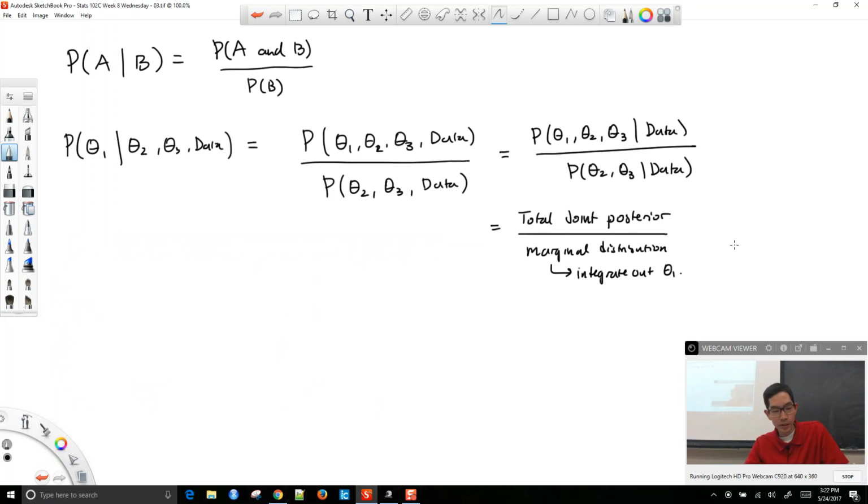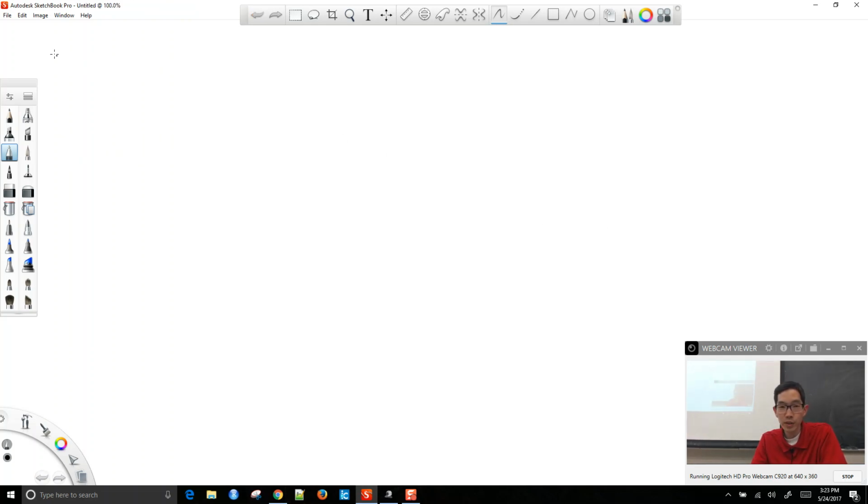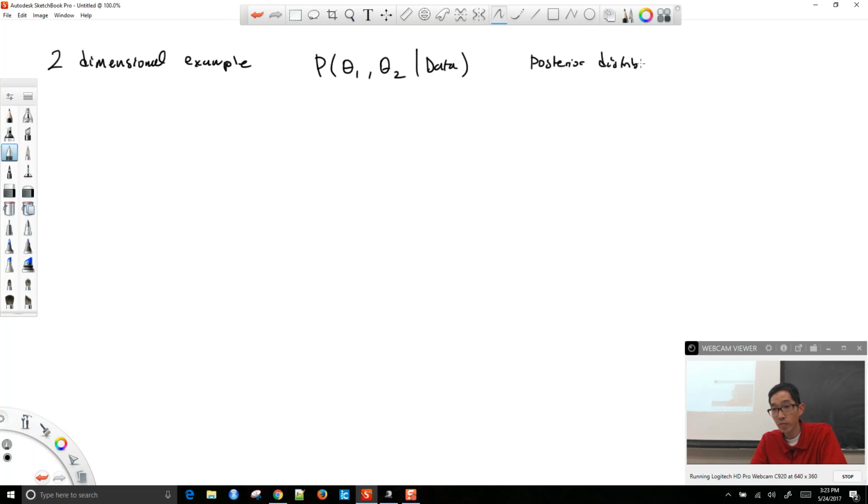Okay, anyway, let me go back and we'll do just a 2D example. So this is a two-dimensional example. We have theta 1 and theta 2, and given our data, we have some posterior distribution for 2 variables.